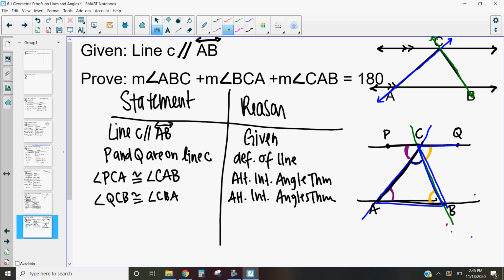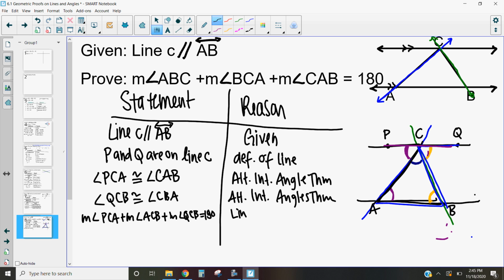Then, right before we started this proof, we talked about how this line right here makes those three angles all a linear pair, right? So what this means is we have the measure of angle PCA plus the measure of angle ACB plus the measure of angle QCB equals 180.